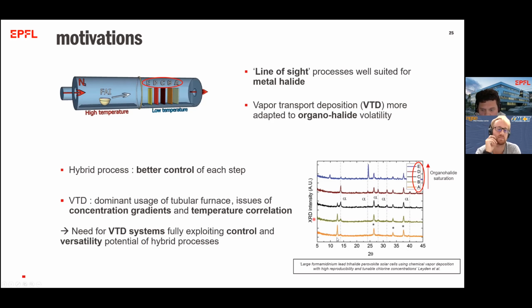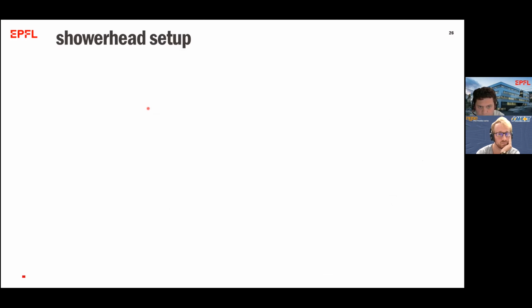So you can run from a system where you have an undersaturation in the back, so position A, to a heavily oversaturated one within less than 10 centimeters. And if you want to make a sample that is bigger than 10 centimeters, you will most likely have a concentration gradient across that, which is of course not something that we want.